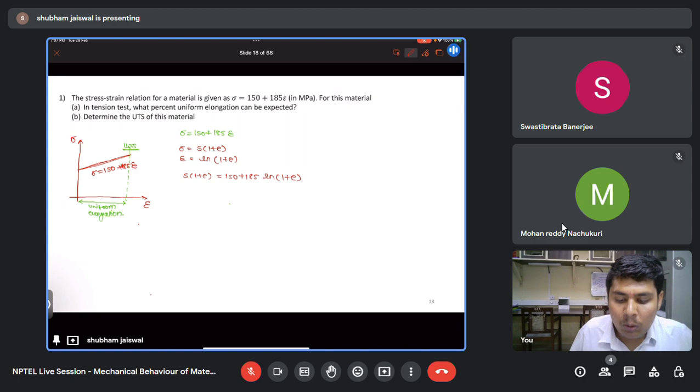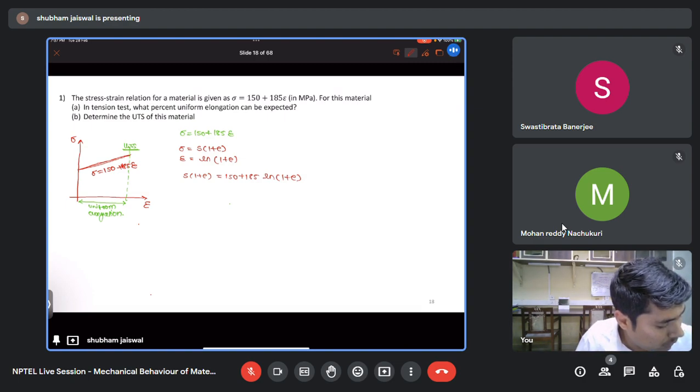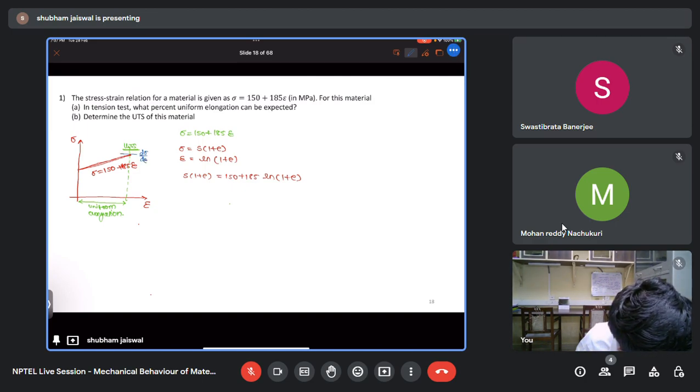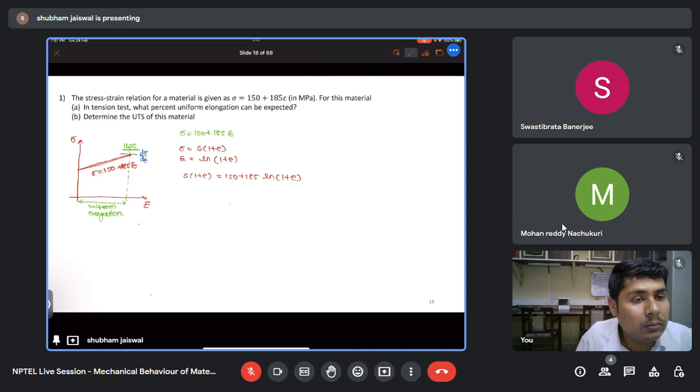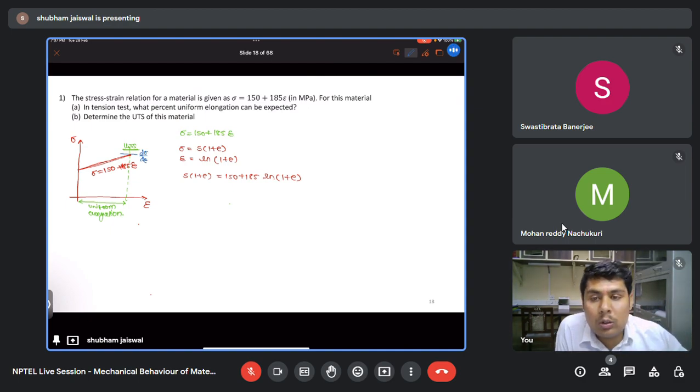Now for uniform elongation, the slope of d sigma versus d epsilon, at UTS, is how much?